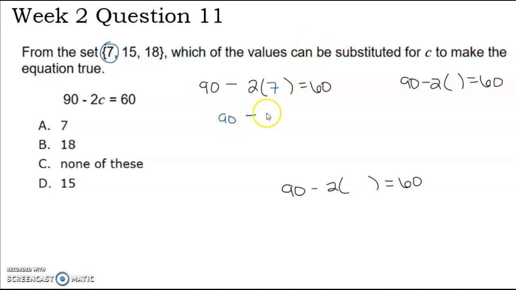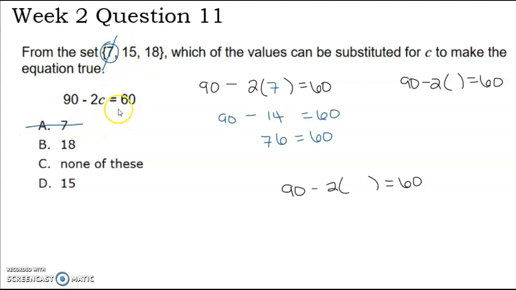90 minus 2 times 7 is 14. 90 minus 14, 76. That does not equal 60. So it cannot be the number 7.